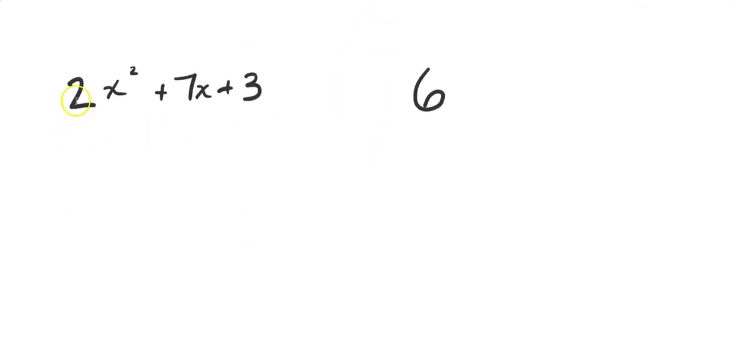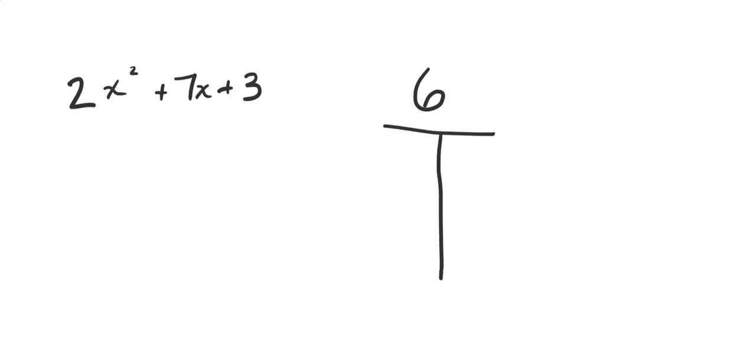So you multiply the first and last coefficient. I'm going to write a list of steps at the end, but this is just an example. Now everything else is the same.